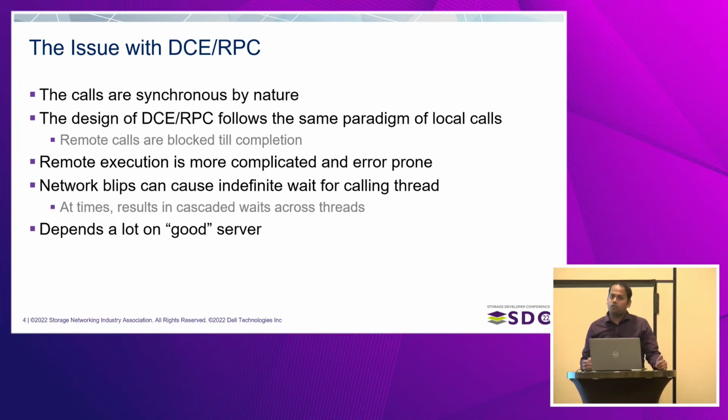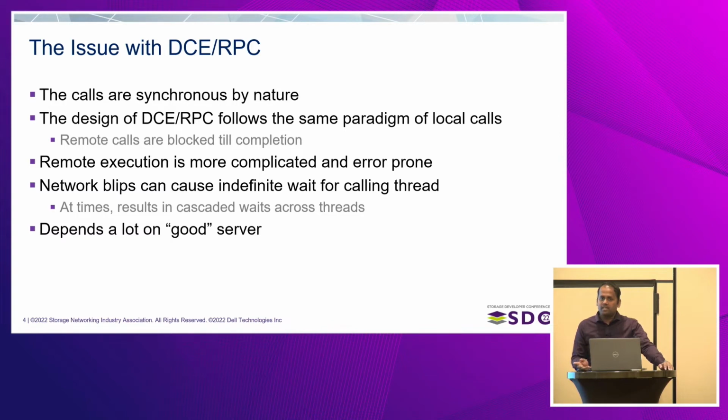And as part of our core analysis and log analysis, we saw that there is one call that's actually stuck in DCRPC, and it's waiting for the Active Directory. And when we looked at the call, sometimes it was 5 hours, 8 hours, it's actually waiting, and it's not getting any response. Obviously, it could be a network blip, or it could be a server-related issue wherein the server did not respond back.